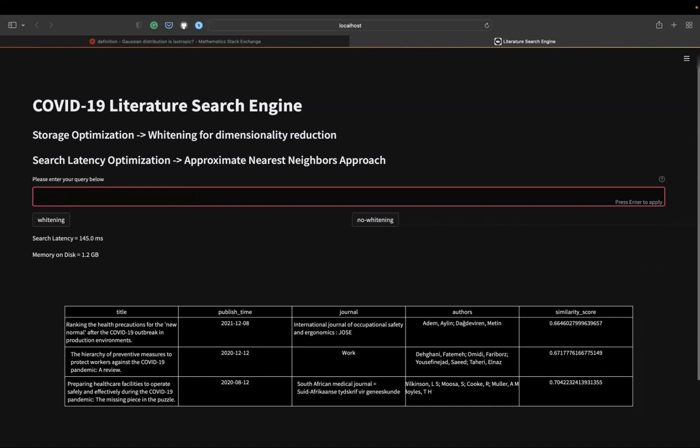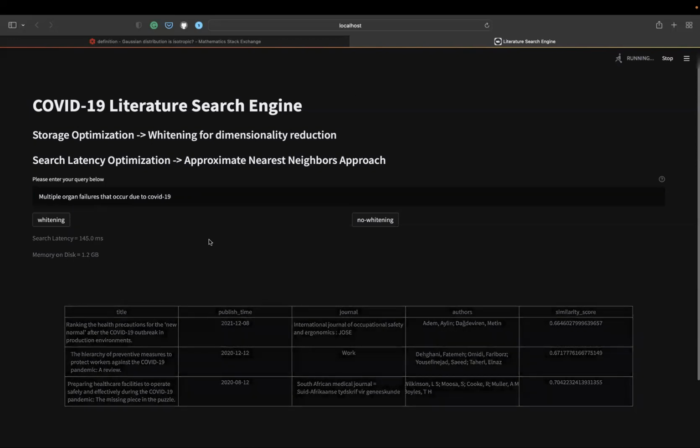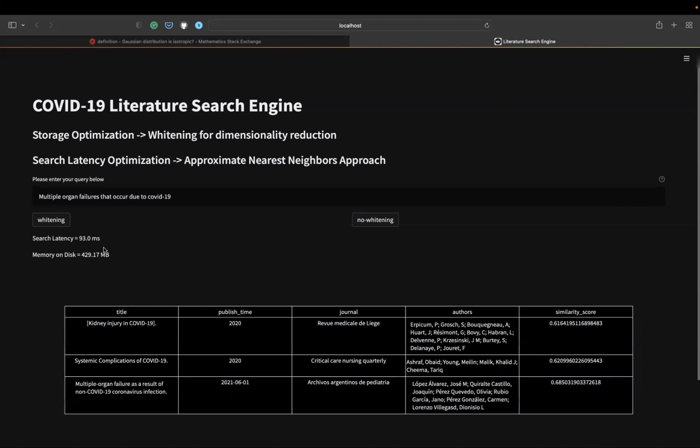Suppose I enter some other query: multiple organ failures that occur due to COVID-19. 93 milliseconds. Here you can see multiple organ failures.